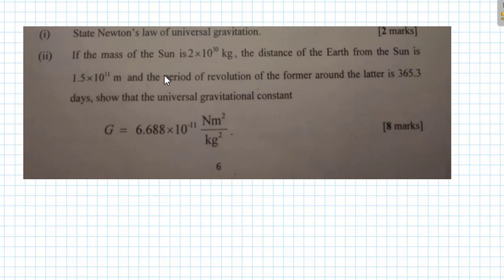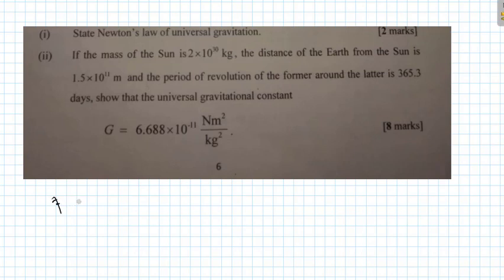It states that every particle attracts every other particle in the universe with a force that is directly proportional to the product of their masses and inversely proportional to the square of the distance between them.